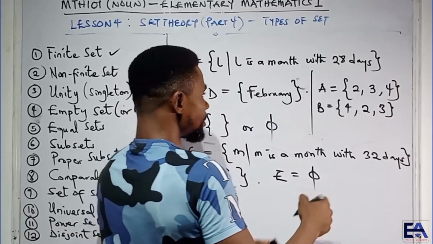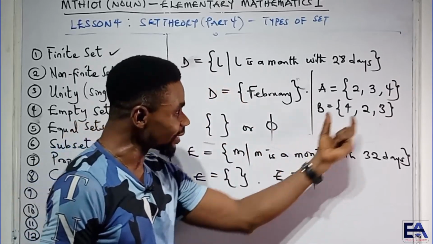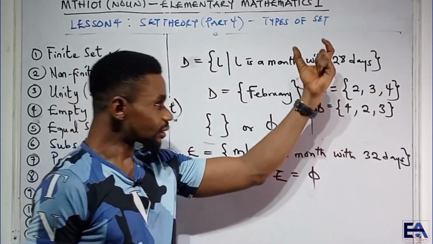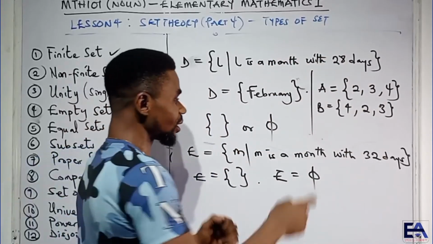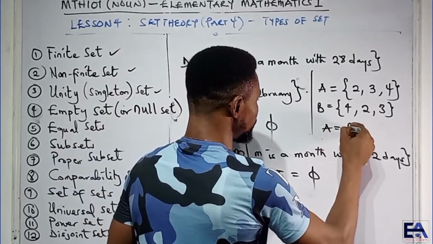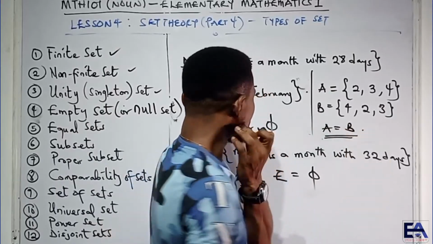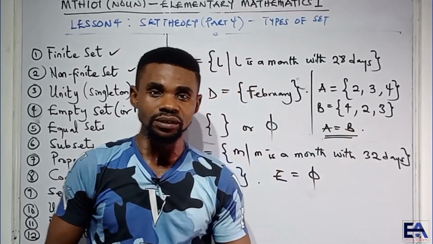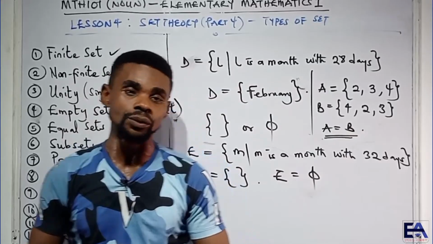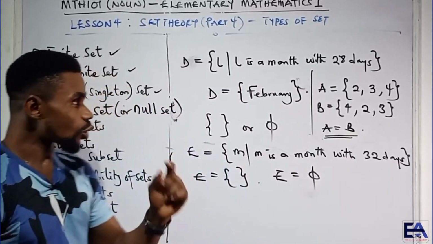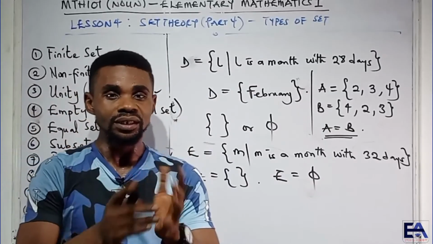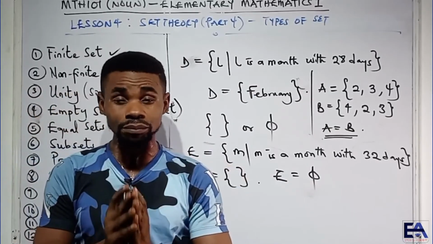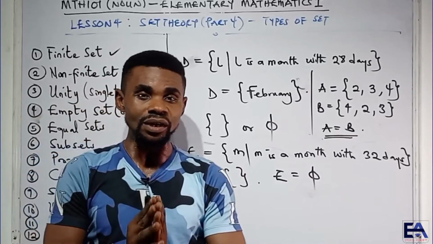Because they have exactly the same number of elements and the same types of elements, we say that set A is equal to B. It means A and B are equal sets, or you say B is equal to A, anyhow it goes. It doesn't matter the position of the elements, but what matters is that the elements in them are the same.